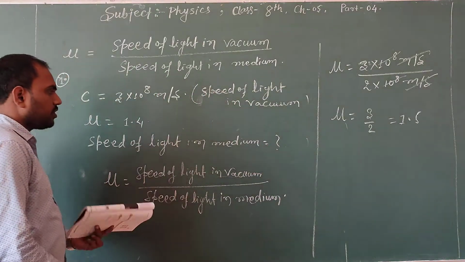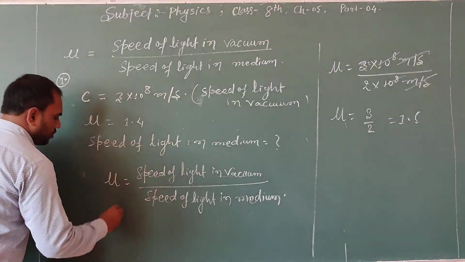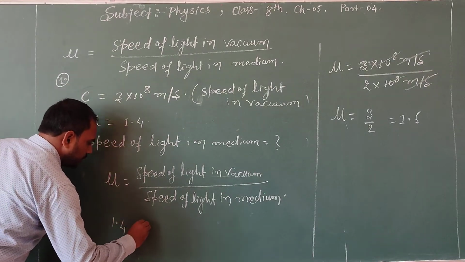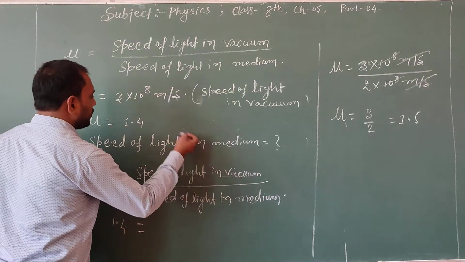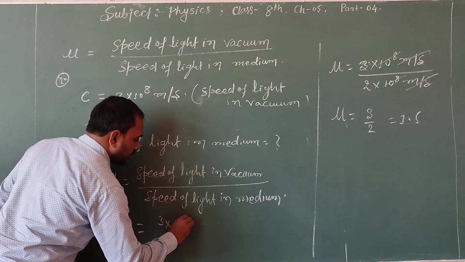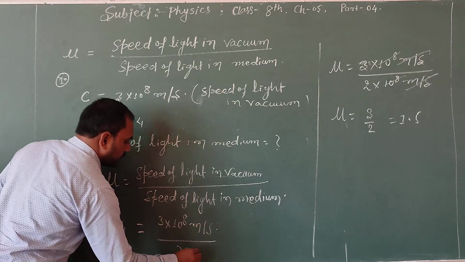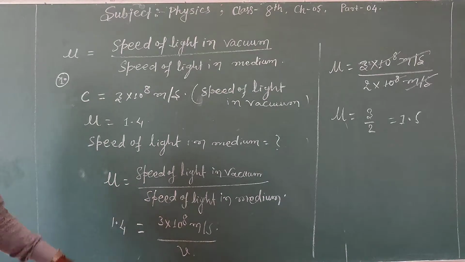Here it has given mu as 1.4. The speed of light in vacuum is also given, 3 into 10 raised to 8 meter per second. We do not know V, the speed of light in that medium.